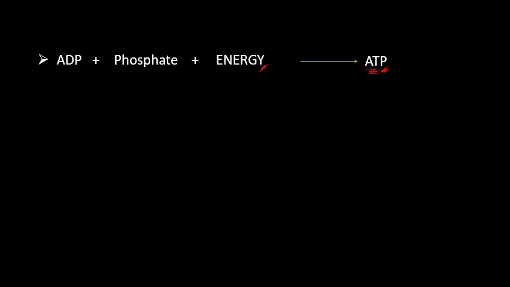Before that, let's know what is ADP. ADP is adenosine diphosphate. Adenosine diphosphate is present in the cell. In the same way, inorganic phosphate, which is made up of phosphorus and oxygen, is also present in the cell. And ATP is adenosine triphosphate.